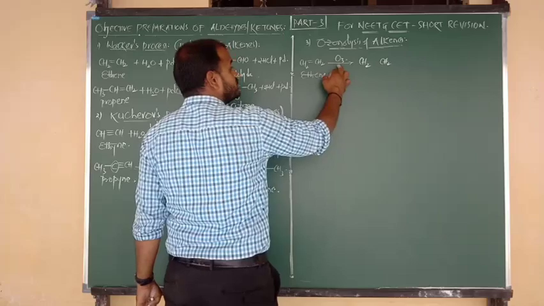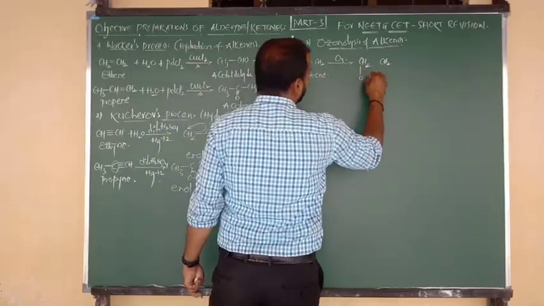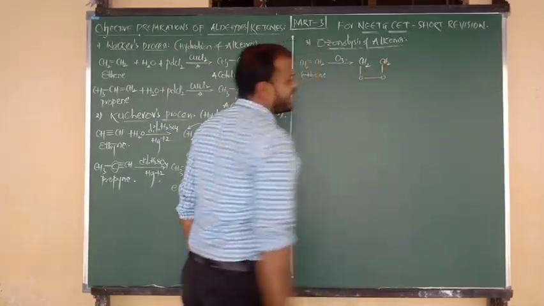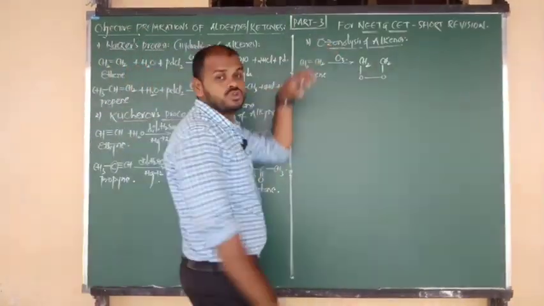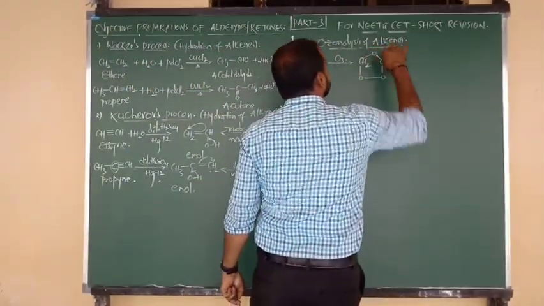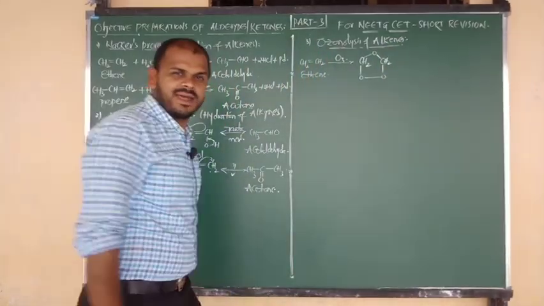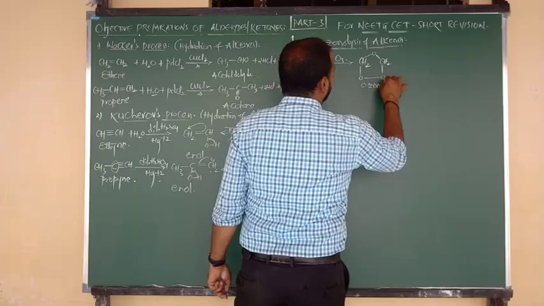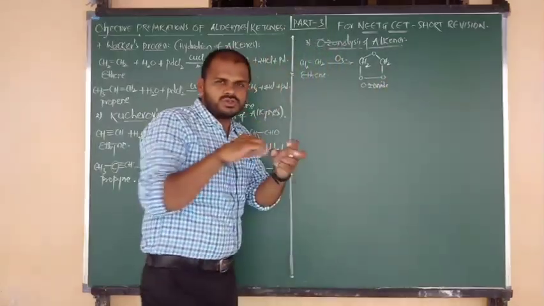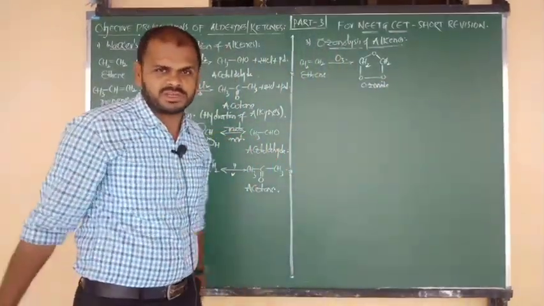Upon ozonolysis, O3 contains 3 oxygen atoms. 2 oxygen atoms are attacked from below the plane, and one more oxygen atom is attacked from above the plane. Understand? So what is the name of this intermediate, beta? This is called ozonide, an unstable form, due to nearby crowding, it causes repulsions.